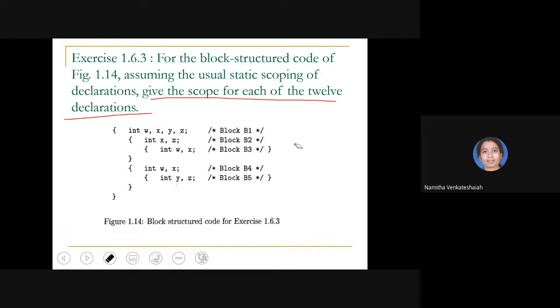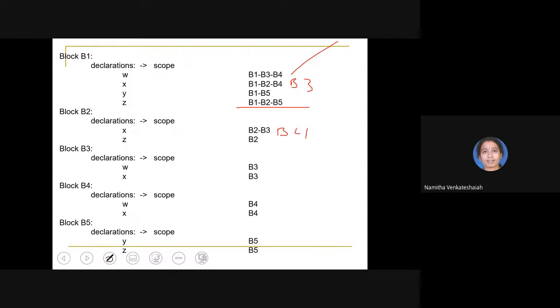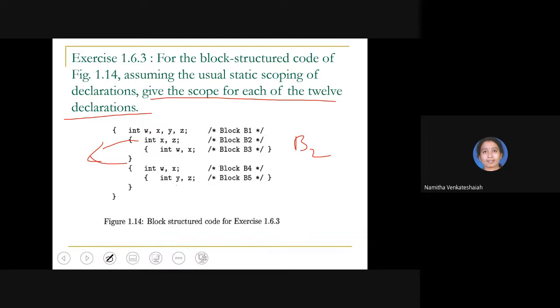This bracket is started here and ending here, so this will have scope only inside this. So let me check. B2's X will have scope only for B2 and B3, because this bracket has started here and ended here.